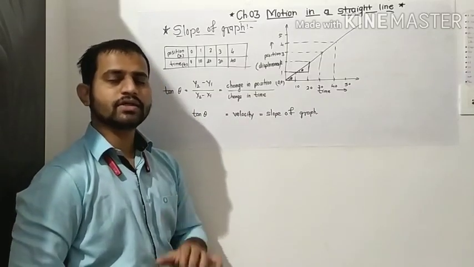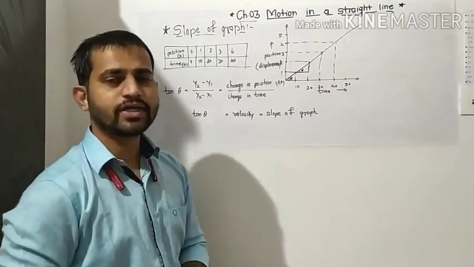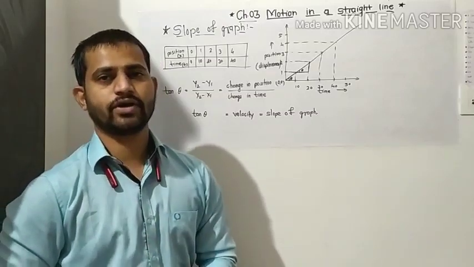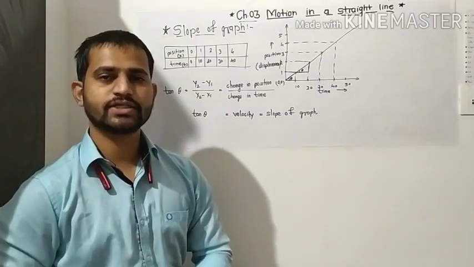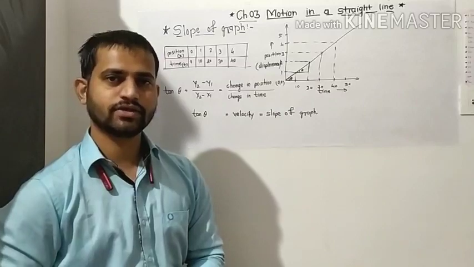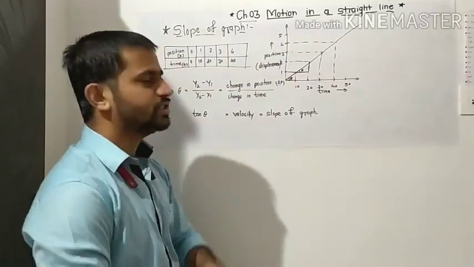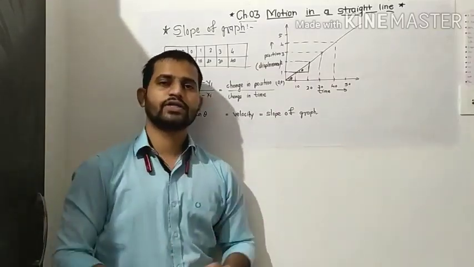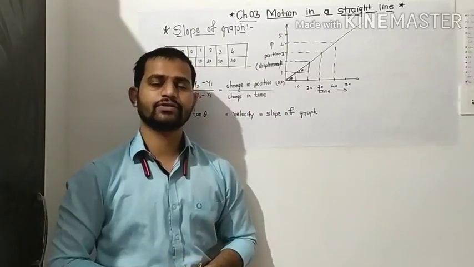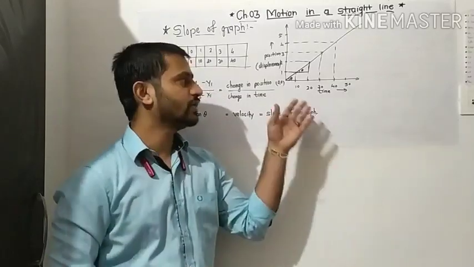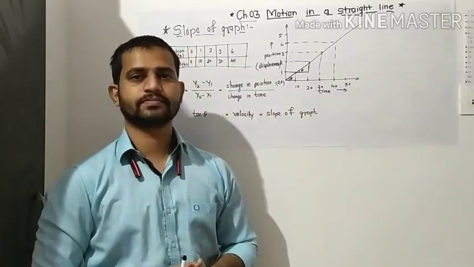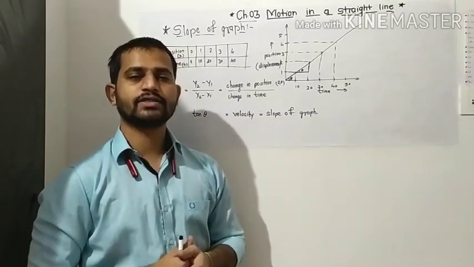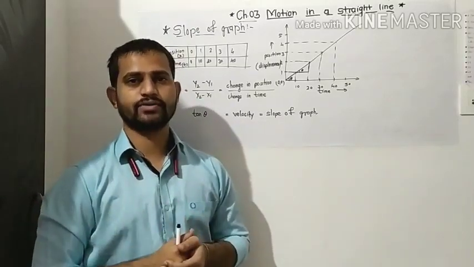Okay, means the two physical quantities combinedly give us the third quantity. Means the position, we have the readings of the particular displacements, and we have the readings of the time. Then in that case we can find out the third quantity also.